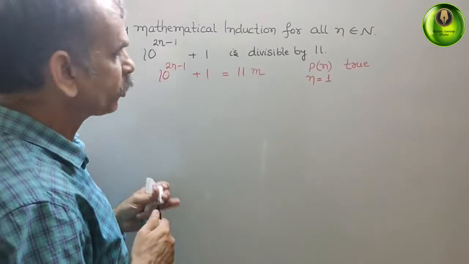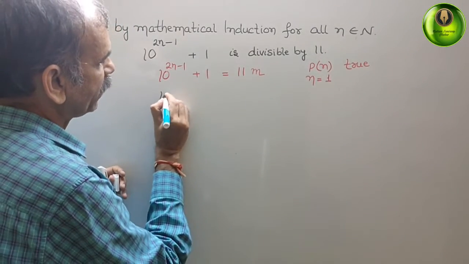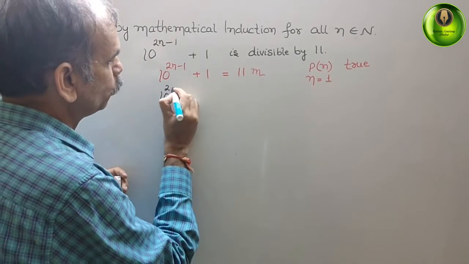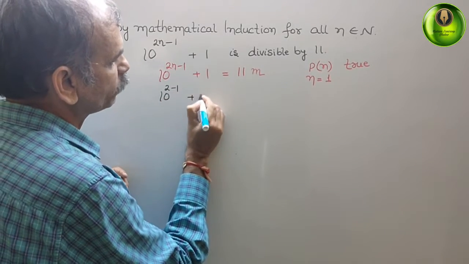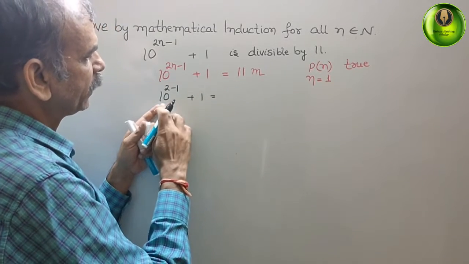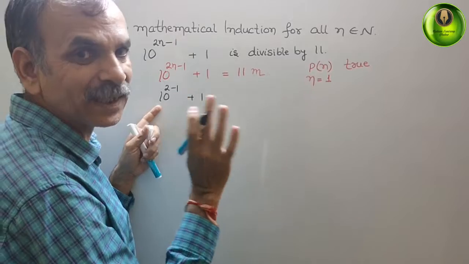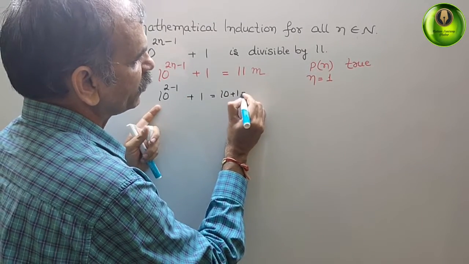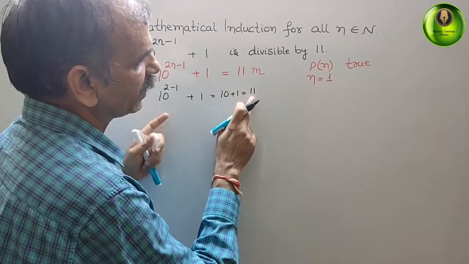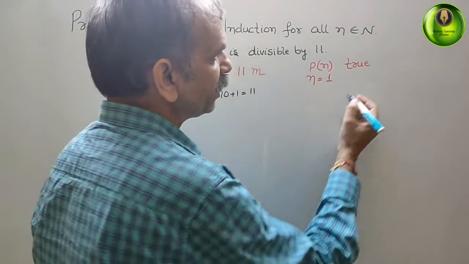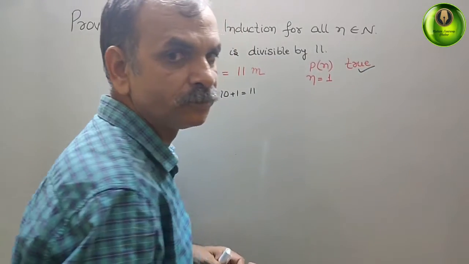In the LHS, what will you get? 10 to the power of 2 into 1 minus 1, plus 1. Solve this: 10 to the power of 2 minus 1 is 10 only. 10 plus 1 is equal to 11. So yes, 11 is divisible by 11. It's true.